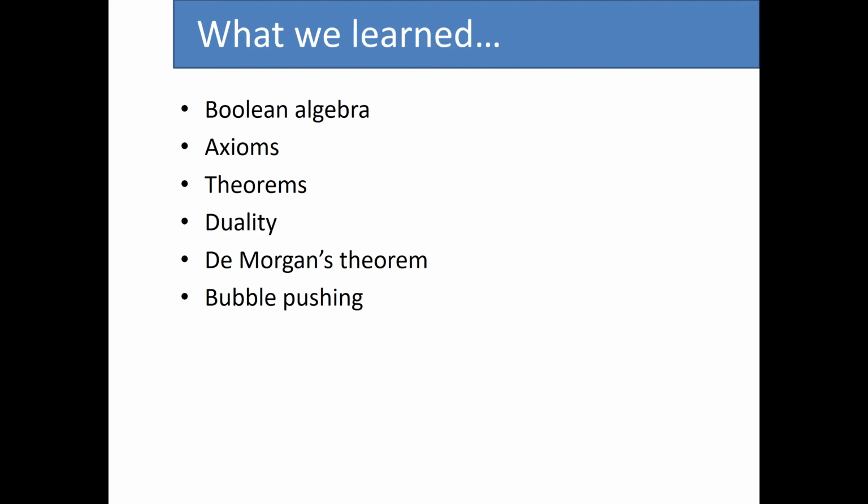So in this video, we learned about Boolean algebra, the axioms and theorems that are used as the foundations for Boolean algebra, and we can use them to simplify the Boolean equations that we have. I introduced the topic of duality, and how we can use the rules for duality to go from any theorem to its dual.